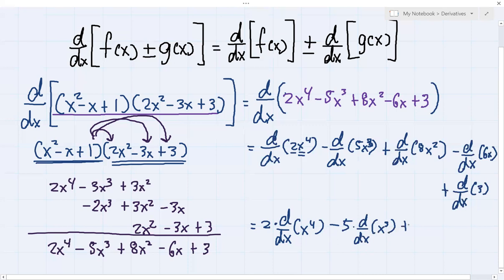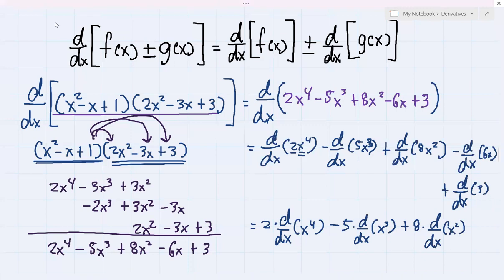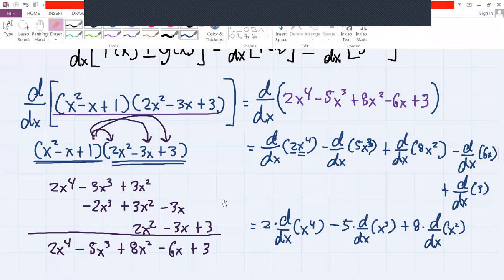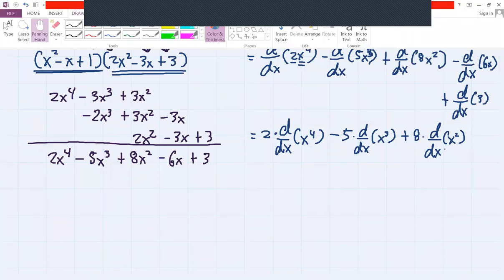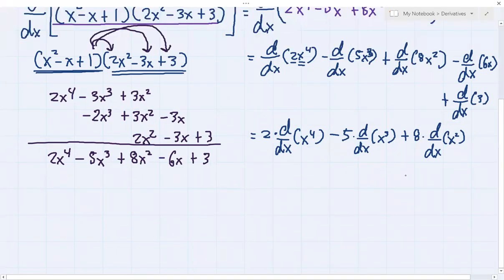Then sa third term, ganun din, magiging 8 times the derivative of x squared. Alright? Then sa 6x, derivative ng 6x, madali na to, this is negative 6. And lastly, derivative ng 3 ay 0.